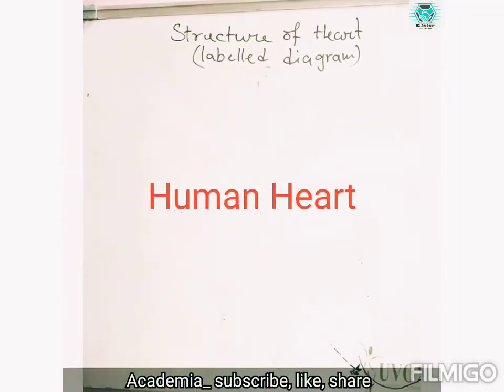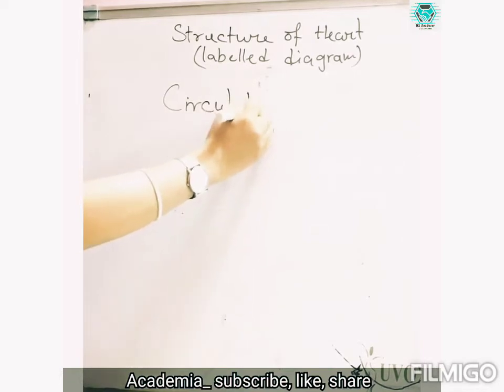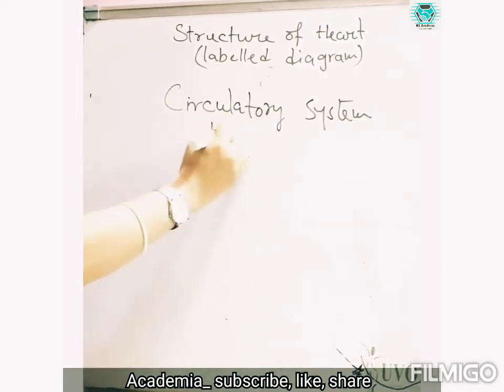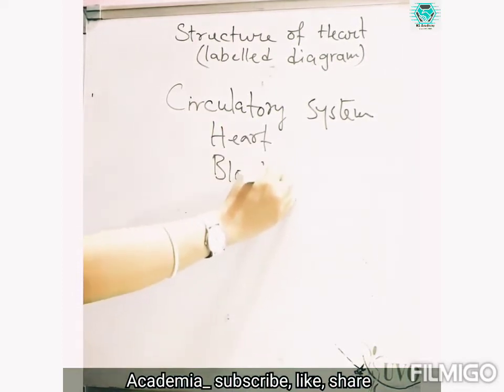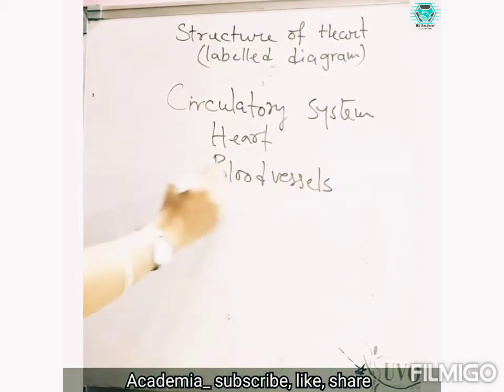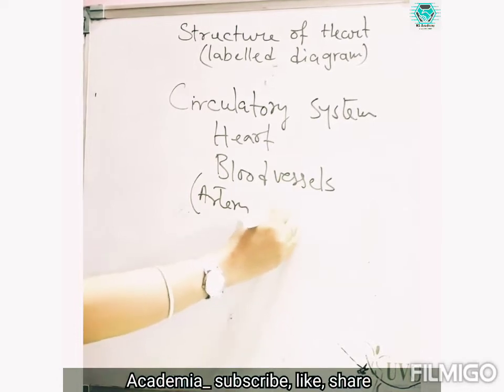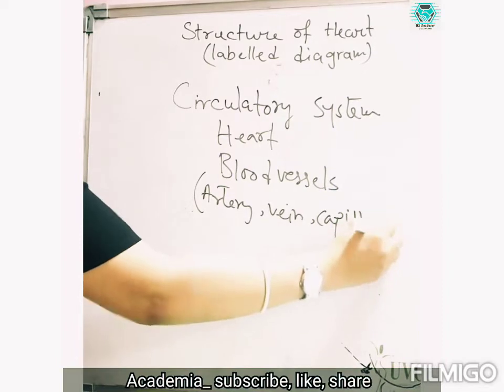Today I will discuss the structure of the heart. The heart, we know, is part of the circulatory system. Our circulatory system comprises the heart, blood vessels, which include arteries, veins, and capillaries.